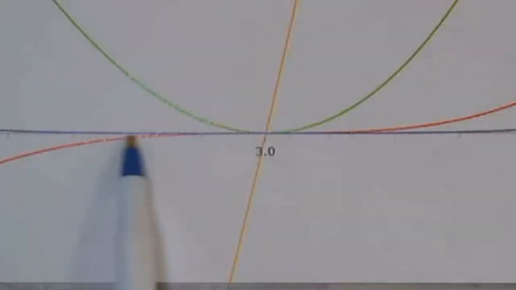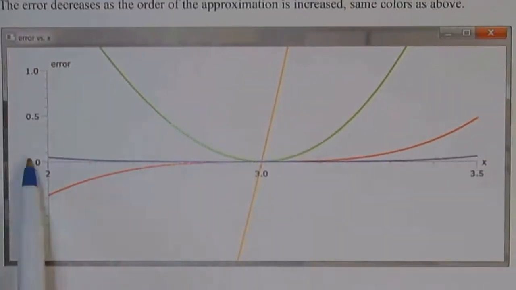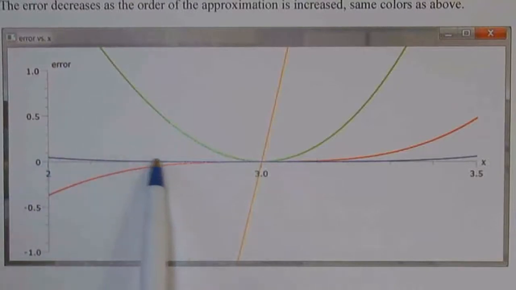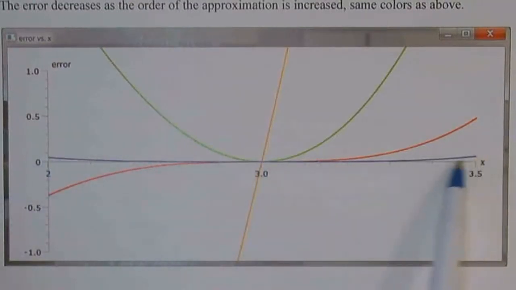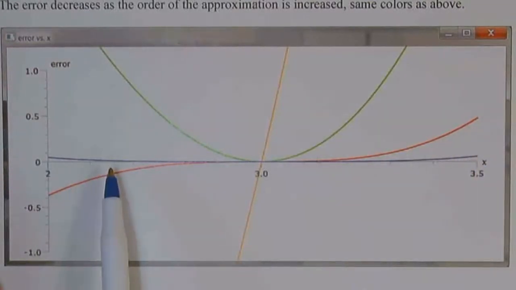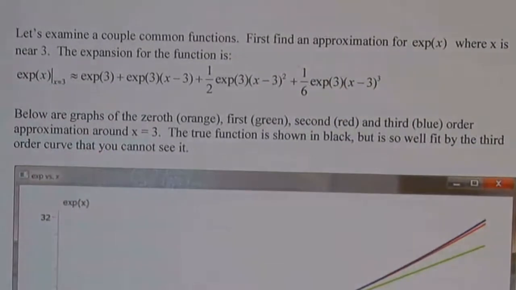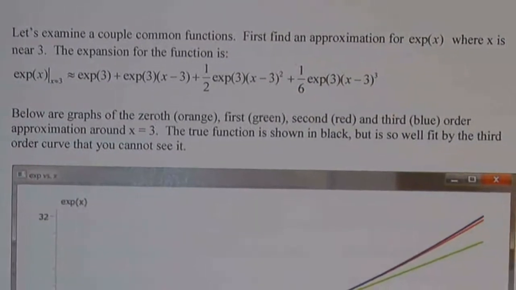My quadratic approximation, shown in red, certainly has a range over which it does quite a good job on this scale. And my third order approximation, shown in blue here, is really hugging this line of zero error for almost this entire region. So with ever increasing order of approximation, you gain a larger region over which the function is successfully approximated.